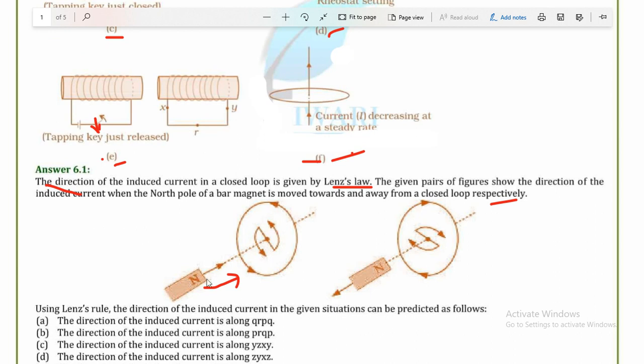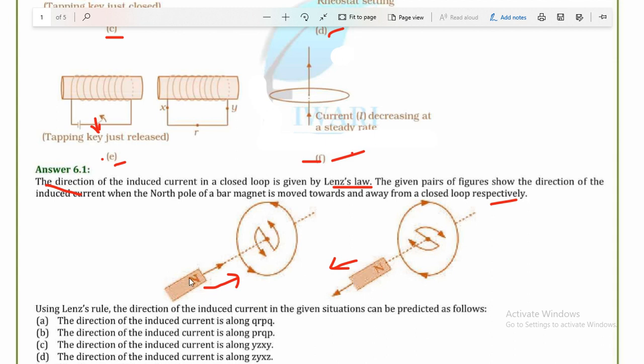Okay, and if this north pole is moving away from this current carrying loop, you can see here the direction of the current in this loop is like this. Because it appears like a south pole to stop the motion of the magnet, because the motion of the magnet is what causes these currents to be produced in these loops.